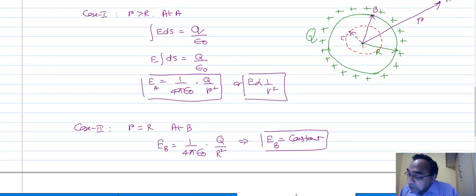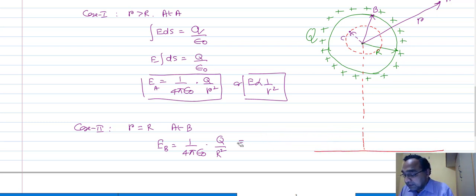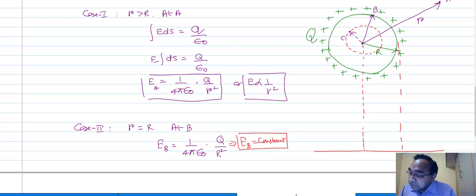So if I try to plot a graph here, observe how exactly we get it. This is the radius and this is electric field intensity.